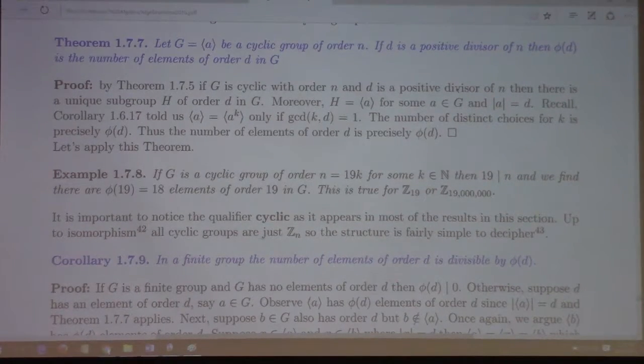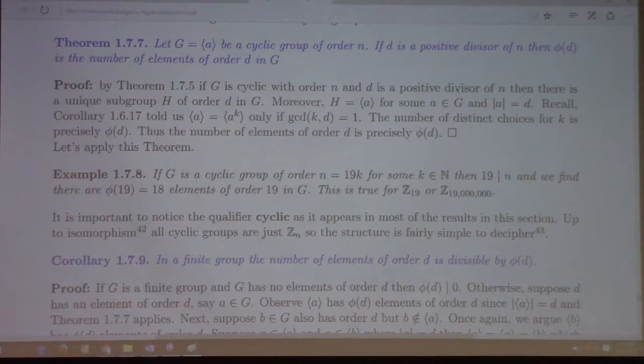So what you do is take your finite group and pick an element of order D. You look at the subgroup that generates it. How many elements are in the subgroup generated by A that also have order D? Phi of D, by the theorem up there.